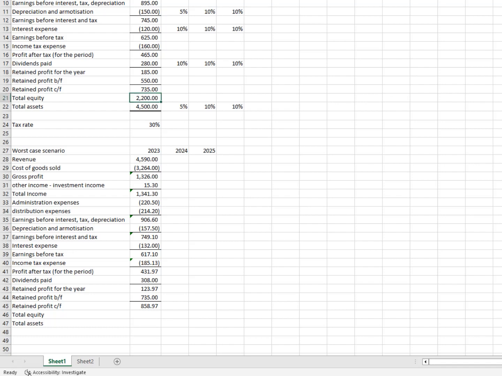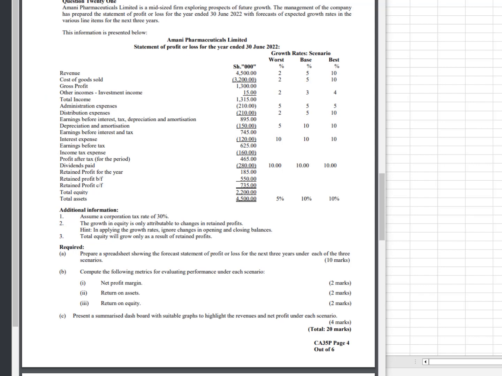Then we go towards the total equity. To get the total equity, it is simply the total equity for the previous year plus the retained profit for the current year. If we can go back to the question, we can see that we are told total equity will grow only as a result of retained profits.